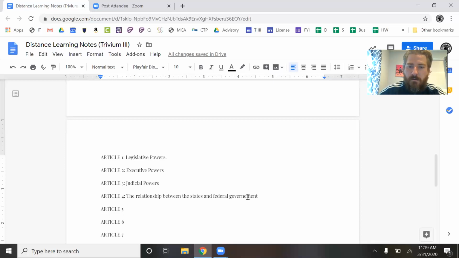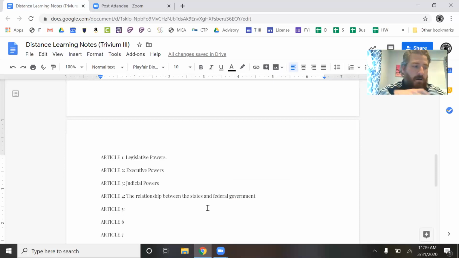Remember, federal means national, like Washington, D.C.; states, Minnesota, St. Paul; federal, national, Washington, D.C. So the relationship between that. Remember, that was a really big deal at this time because we went from the Articles of Confederation where everybody thought that they were kind of in charge of themselves, and then we worked together for big things.